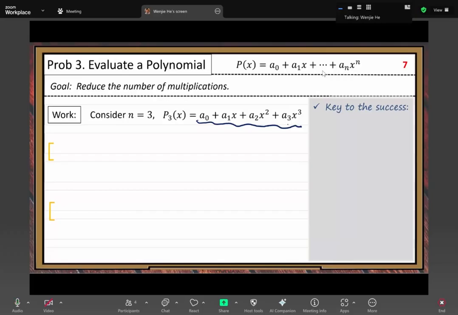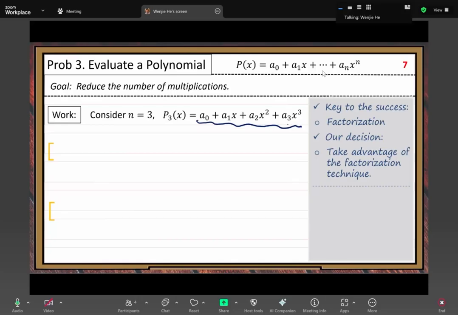Yeah, let's recall. The factorization technique, why we can reduce the number of multiplications, the key to the success, this factorization technique. Yeah. All right. When we make our decision, so here there is a question, how do you apply this technique, right?